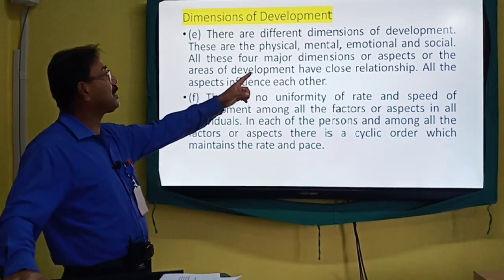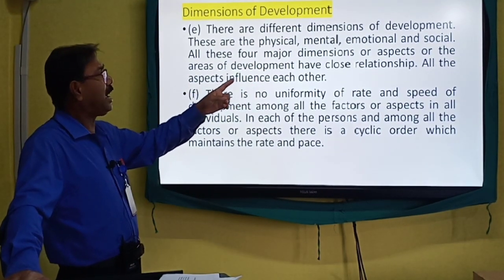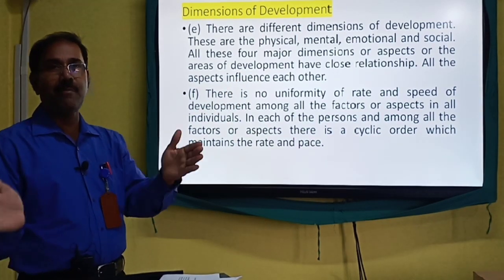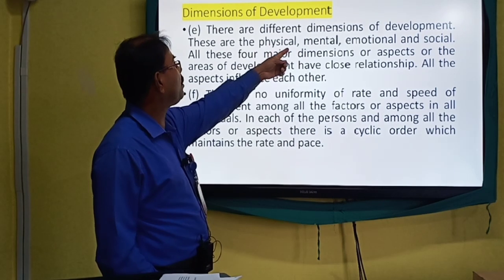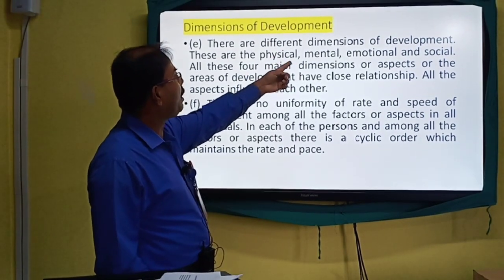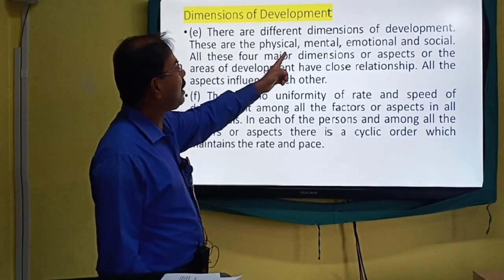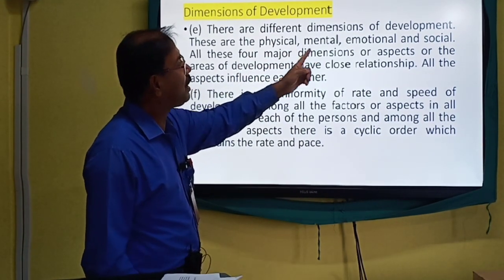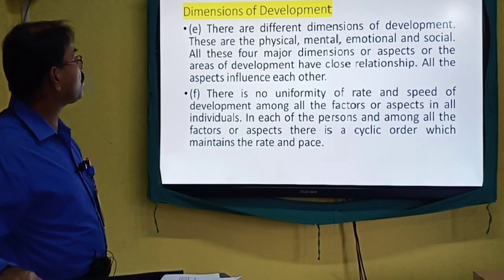All these four major dimensions, or aspects, or areas of development, have a close relationship. Physical development has a link with mental development, which has a link with emotional development, and with physical, mental and emotional development, social development has a close relationship.